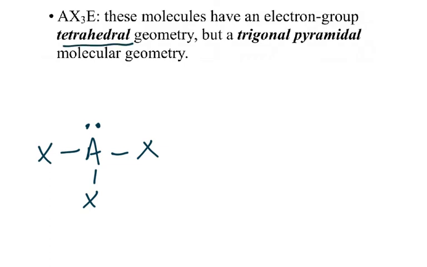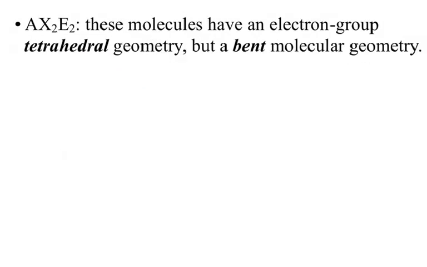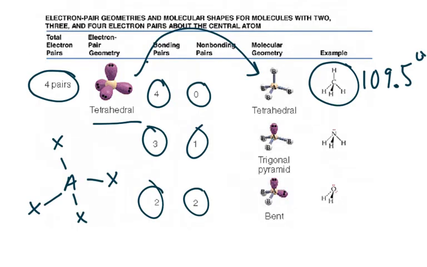However, three of the four domains are bonding, and one of the domains is non-bonding, which is that lone pair that you see at the top. So when we go over here and check our example, we have ammonia here. Notice that ammonia has the lone pair up here, and then you have the three domains here with the hydrogens. So you have a 3-1 breakdown.